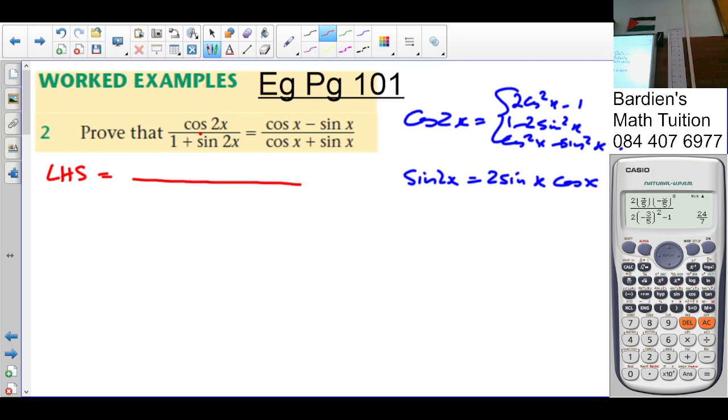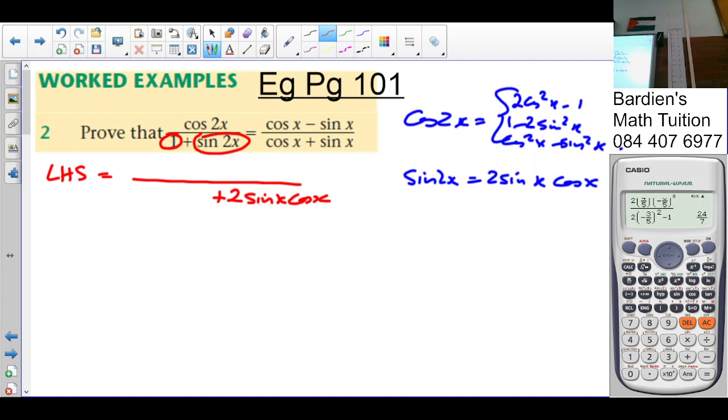People, let's look at the denominator. That sine 2x can be written as 2 sine x cos x. Okay? What can happen to the 1? 1 can be written as sine squared x plus cos squared x. Not so?